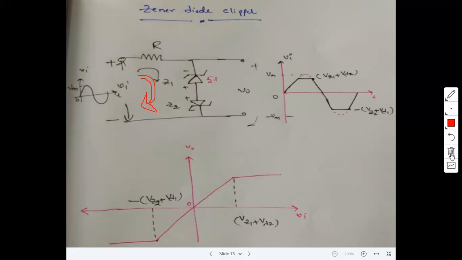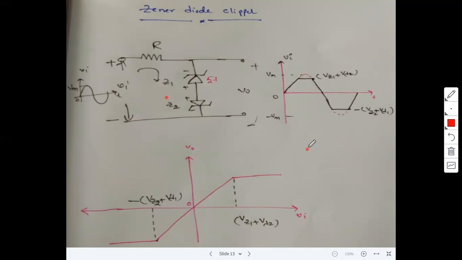Okay. Here we already know that when a Zener diode is in forward bias, it behaves like a normal diode. When a Zener diode is in reverse bias, two cases. Less than breakdown, it behaves like an open circuit. Greater than breakdown, it behaves like a reference voltage. Right? Remember these 3 points.